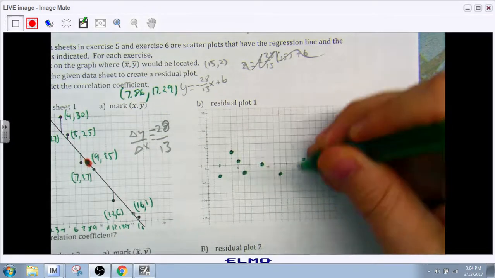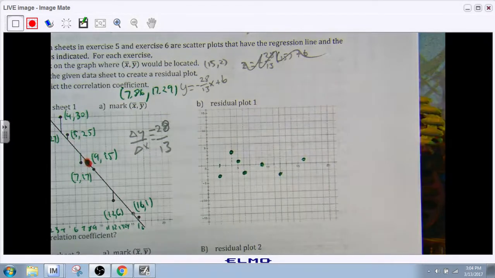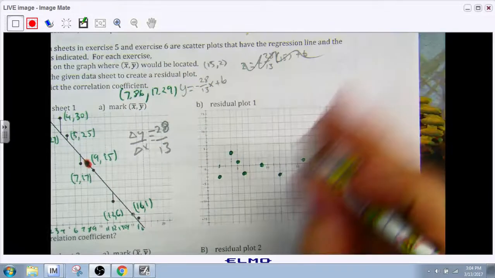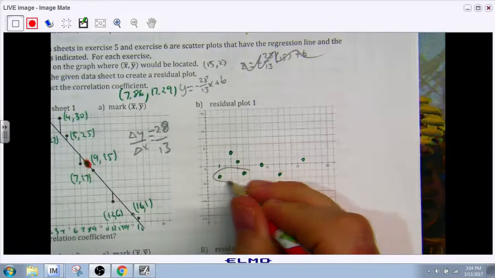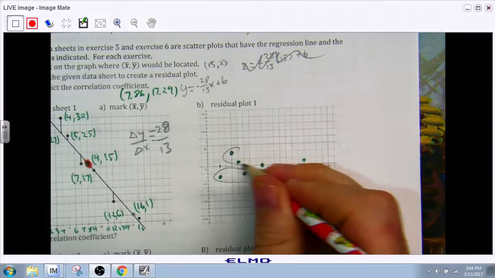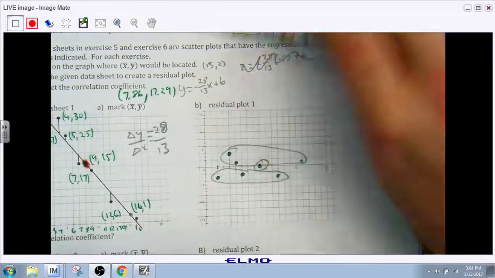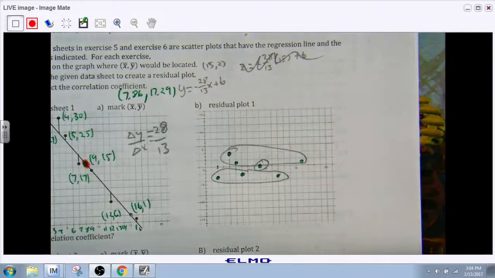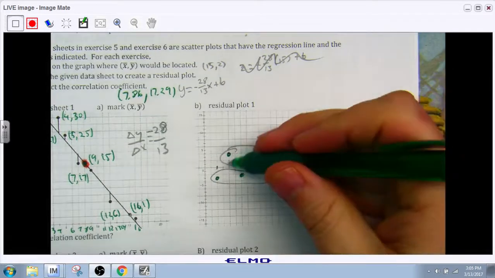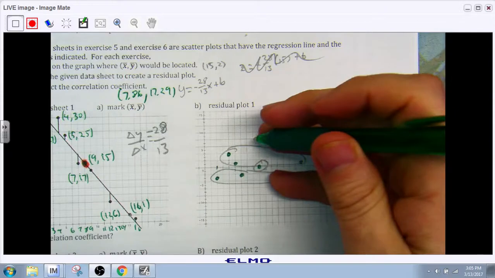So given this, let's try to figure out what our correlation coefficient is. What we can see here is that we have 3 below, 3 above, and 1 on there. So it seems like that's going to be a pretty good line of best fit. And they're also pretty close, like they're all within 2 or 3 or 4.